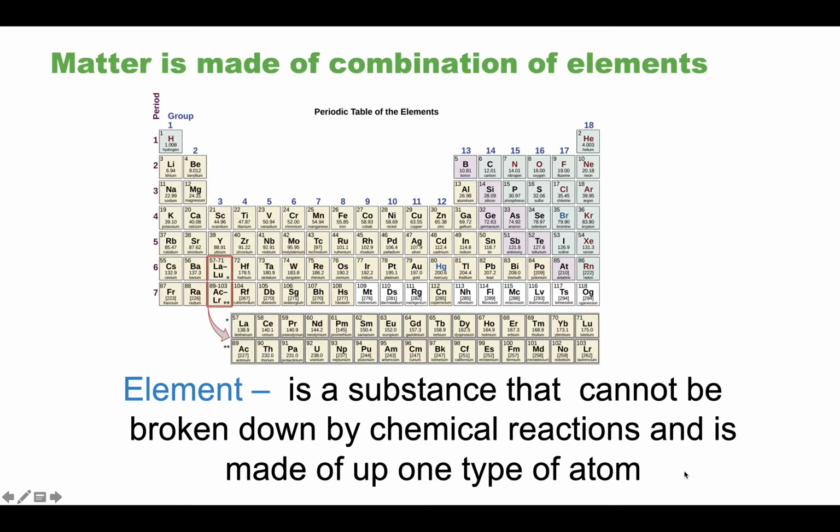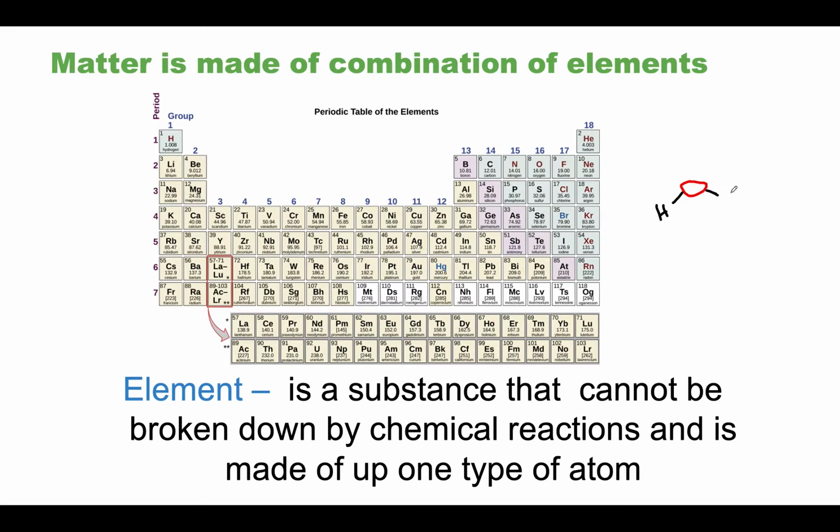So, if we take all the molecules that are around us, by performing some chemical reactions, we can break them down into their components. So, think about, for example, a molecule of water. Water is made of oxygen and also it is made of hydrogens. So oxygen is connected to hydrogen.